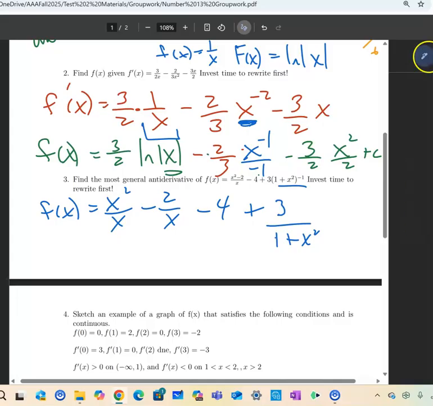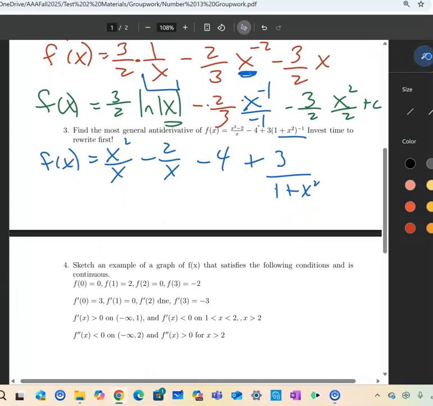Okay, so let's continue on with simplification. I'm just going to take liberties here. So x squared over x just turns into x. Okay, so I get x right there. Now I'm ready to take the antiderivative. So capital F of x: the antiderivative of x is x squared over 2.